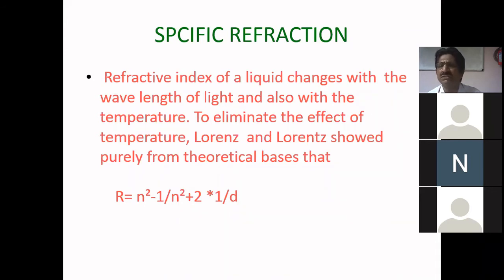As the wavelength changes and as the temperature changes, naturally the refractive index also changes. Just to eliminate this effect of temperature, Lorenz and Lorentz showed on a purely theoretical basis that R is equal to (n square minus 1) divided by (n square plus 2) into 1 by d. It is a purely theoretical basis.